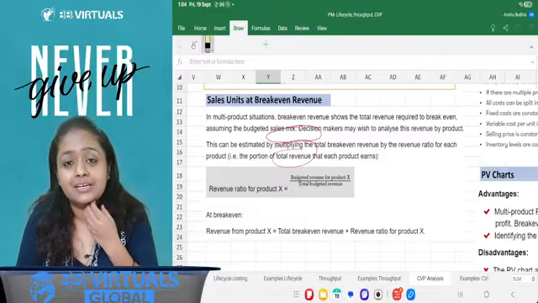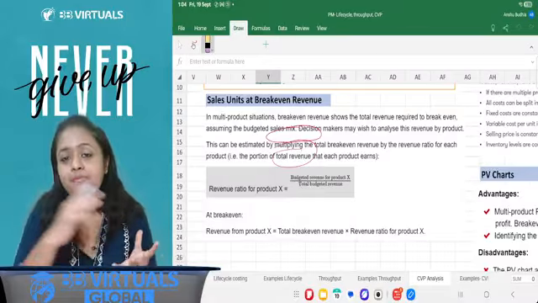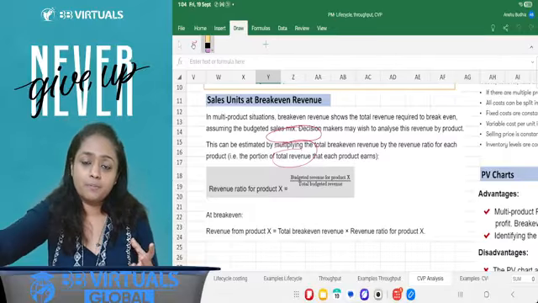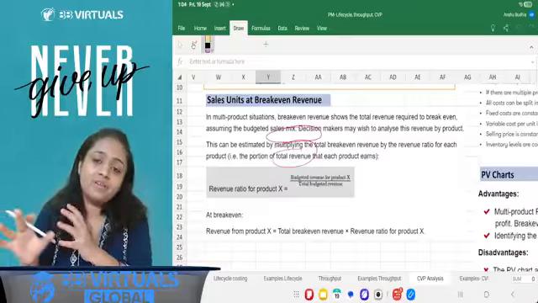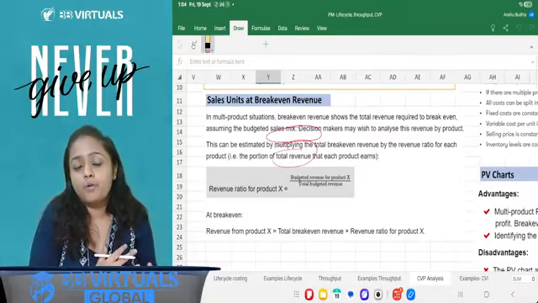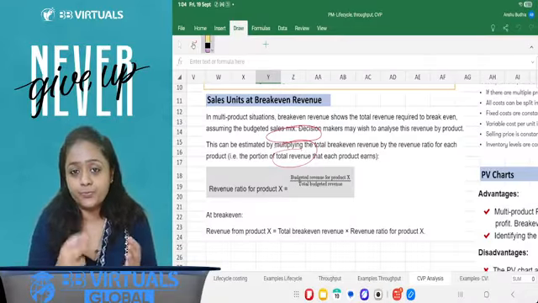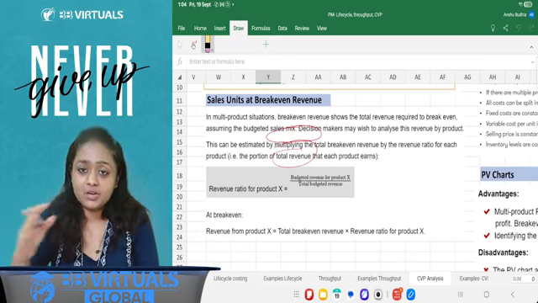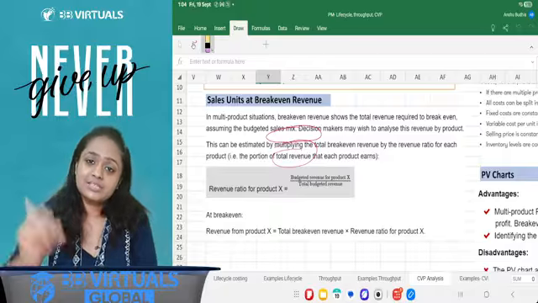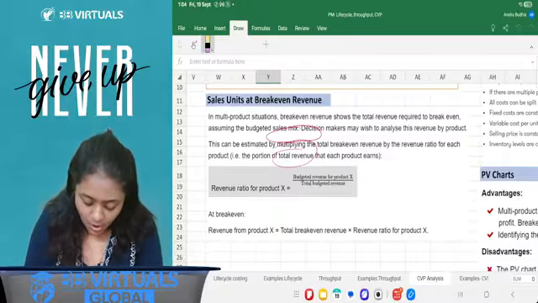So either you get the sales units and multiply with the selling price to get your break-even revenue, or if you have the break-even revenue, you can apportion it in the ratio of the sales mix. Every product has a particular ratio in which the goods are sold, and that sales mix you will apply. So how will you get it?